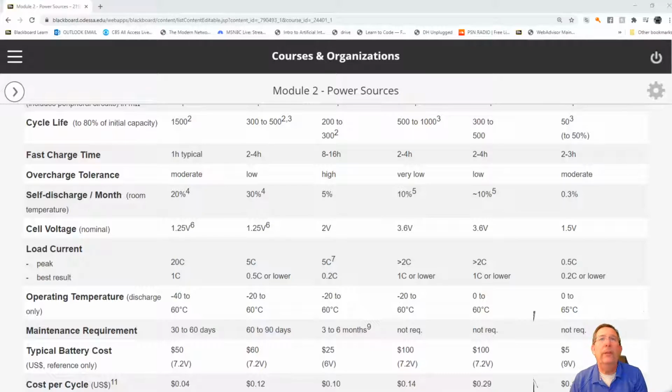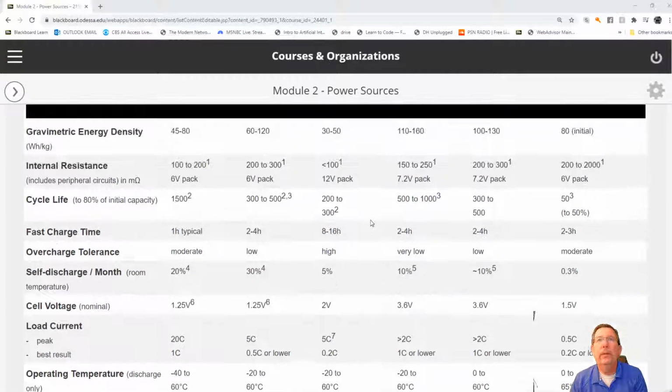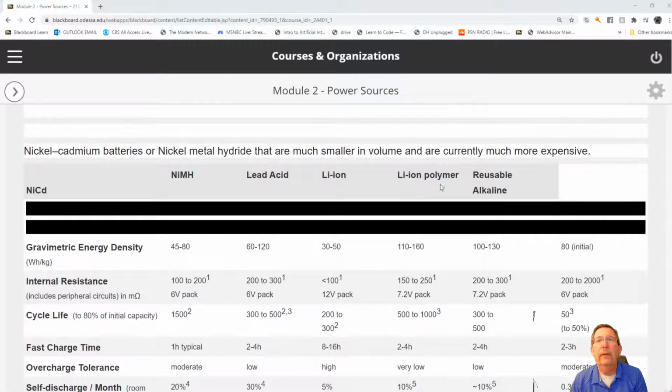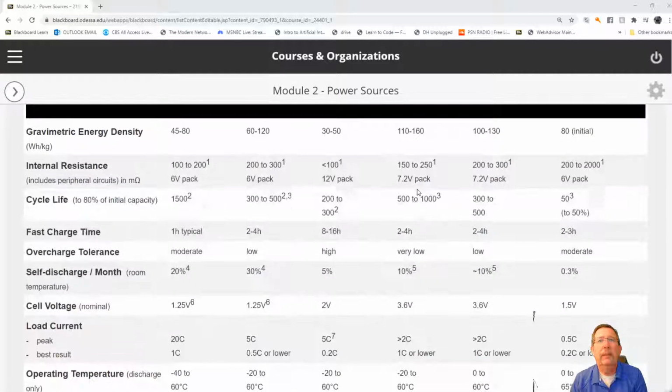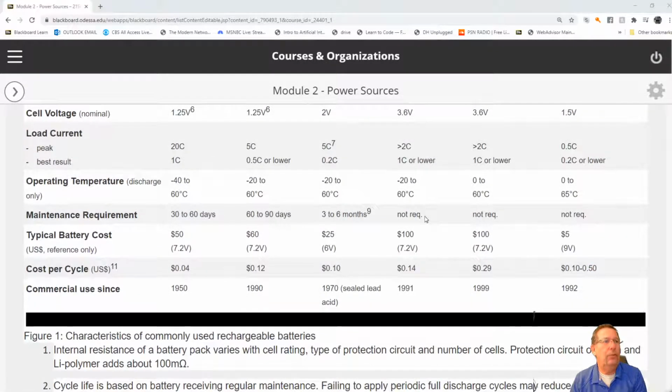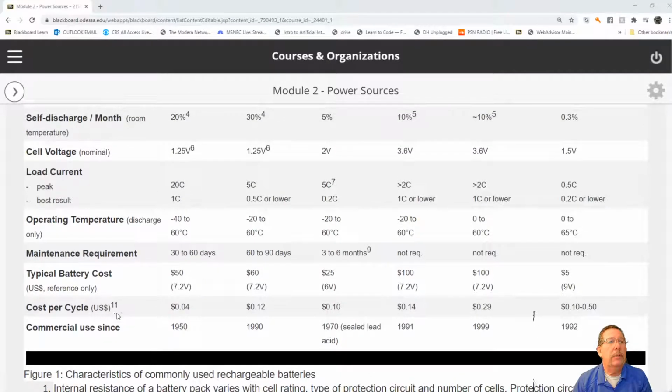Yeah, gel batteries too. But they're a form, I think, of a polymer, I believe. I'm not certain. But the point is there's all sorts of different batteries, guys. Look at the cost factor, which is pretty good.